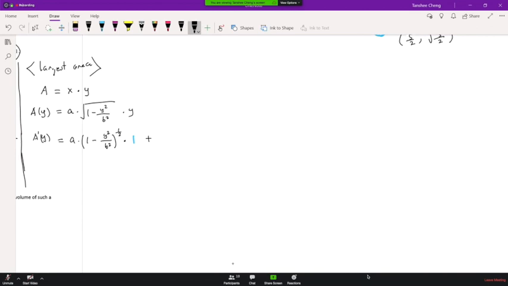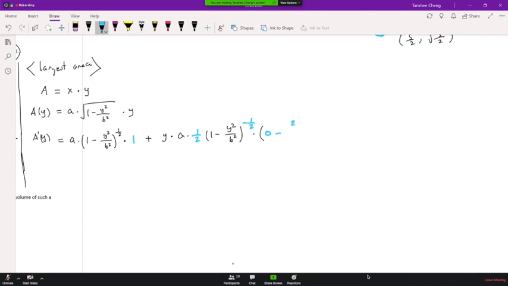this times the second factor. When I take the derivative of the second factor, which is a power, first the chain rule: that'll be a times 1/2 times 1 minus y squared over b squared, subtracting 1 from the power so it will be negative 1/2, and times the derivative of the inside, which is 0 minus the derivative of y squared over b squared.